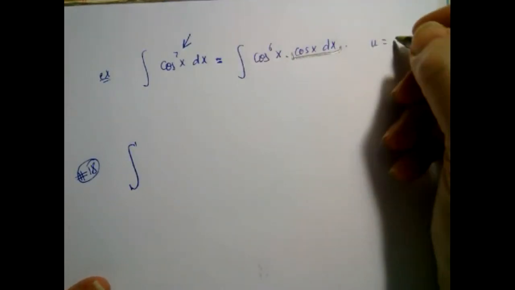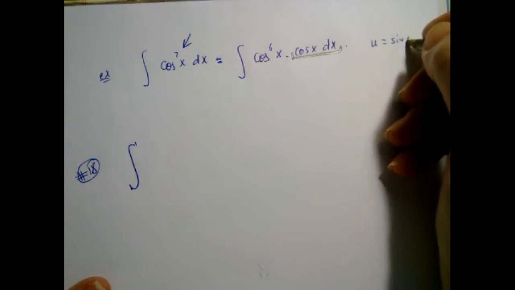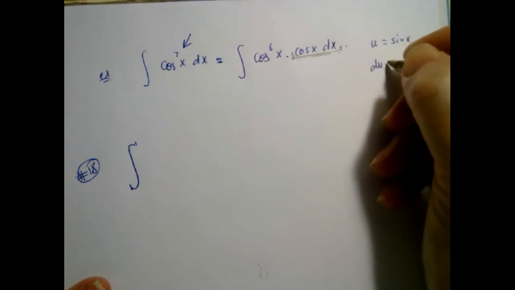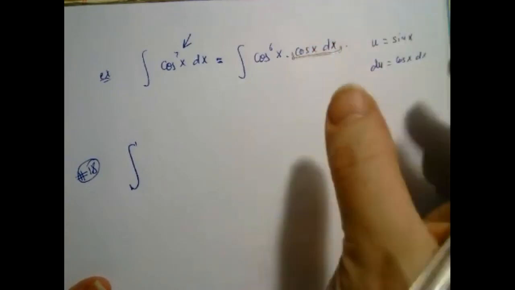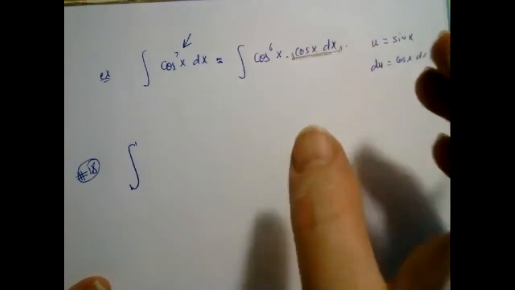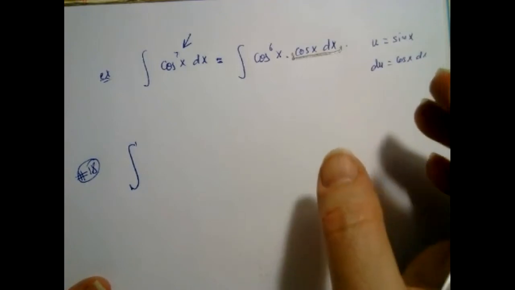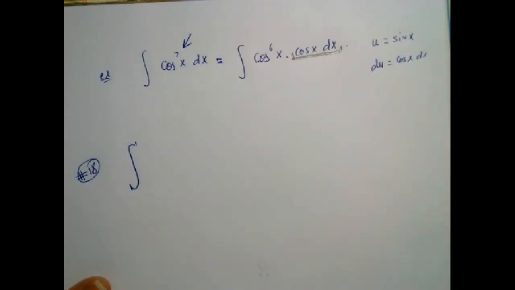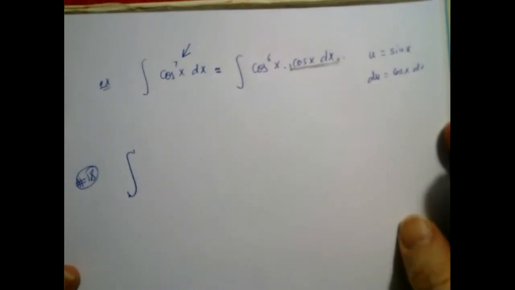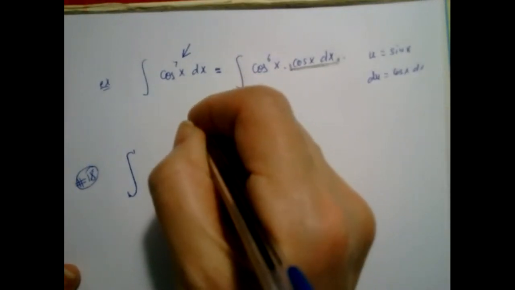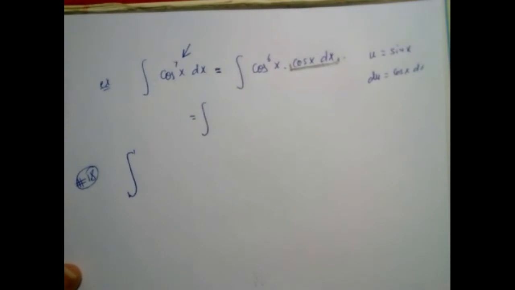So u has to be the sine, and the du will be the cosine. The single power of sine or cosine that we're cutting off has to be your du. Now what do you think I'm going to do?